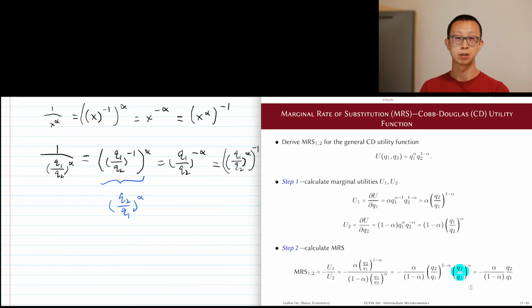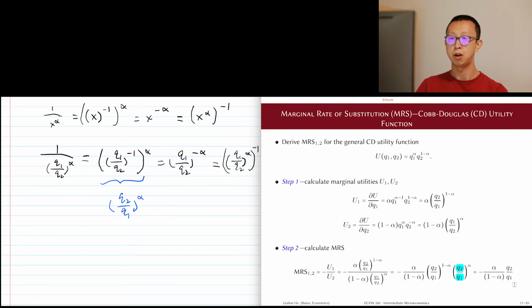Because by flipping this ratio upside down using the minus power, we now in fact have exactly the same expression q2 over q1, but raised to different powers. And coincidentally, again, their powers will add up to 1. So then you can collect these two terms and they just become q2 over q1, a much nicer expression.